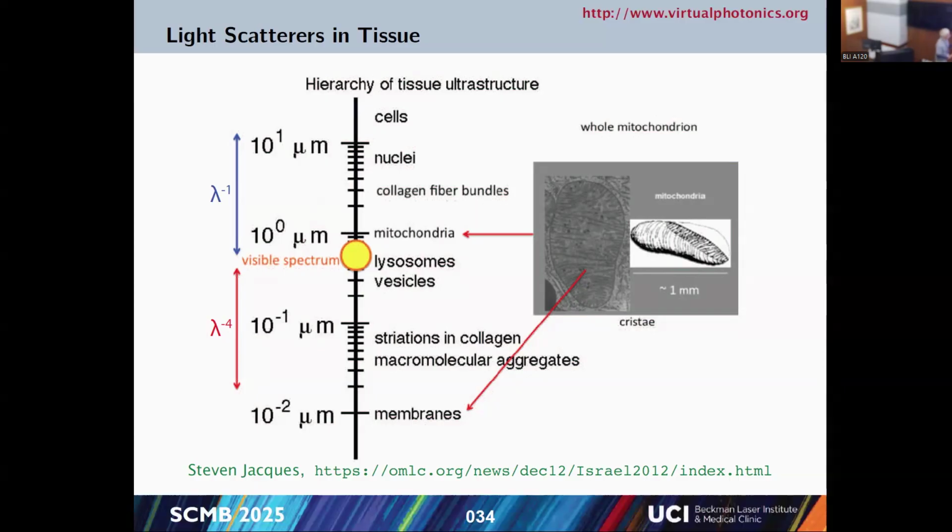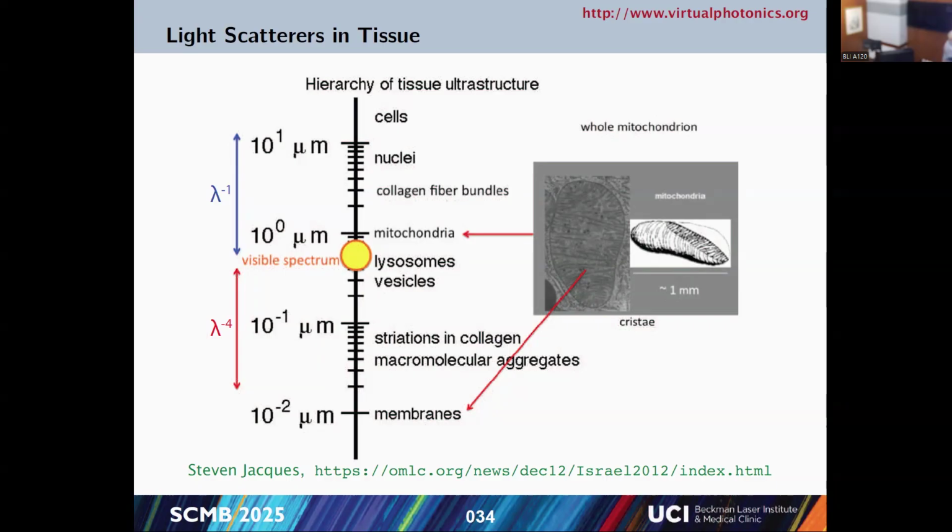So typically when we consider structures that are much smaller than the wavelength of light, the term that's often used is Rayleigh scattering. And we'll talk about what Rayleigh scattering is, but typically the thing that we often talk about is the spectral dependence. And when you have structures that scatter light, but they're very small compared to the wavelength of light, the spectral dependence is very steep. It's like 1 over lambda to the 4th.